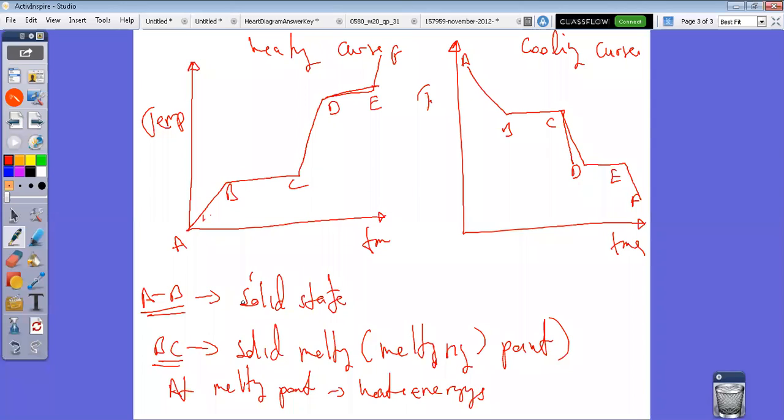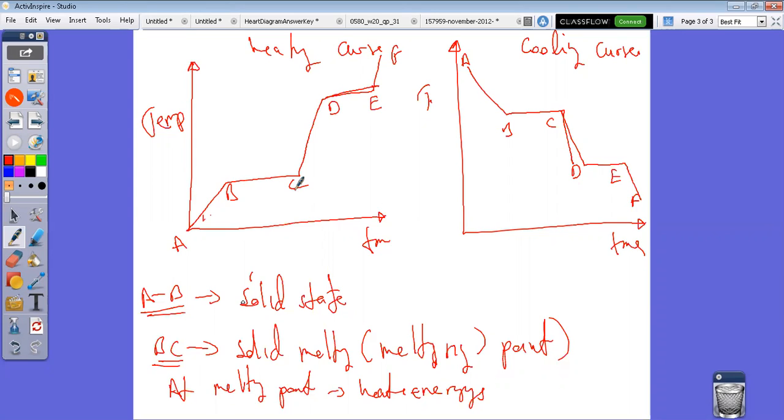And I don't have space here. The heat energy is used to overcome the forces of attraction holding the solid particles together so that it can change to a liquid.